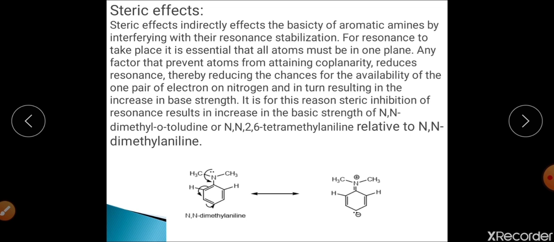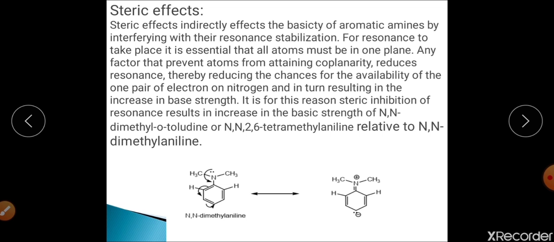When the symmetry of this orbital will not allow the delocalization, at that time the resonance will be inhibited, and that inhibition is basically because of the sterically crowded group.